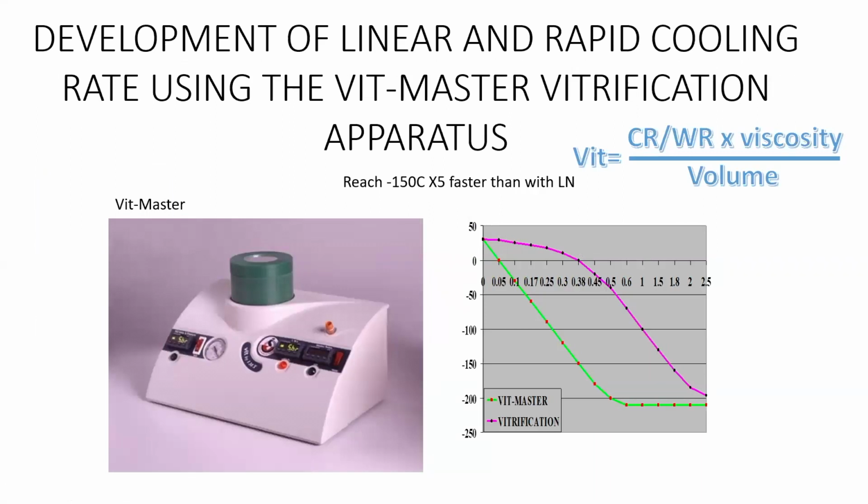The way it works, it produces supercooled liquid nitrogen, so we reduce the temperature of liquid nitrogen almost to a solid state, minus 210 degrees centigrade, and this way the cooling rate is at least 5 times faster than liquid nitrogen. So here you see this is in slush, what we call slush liquid nitrogen, and this is in the liquid nitrogen itself.